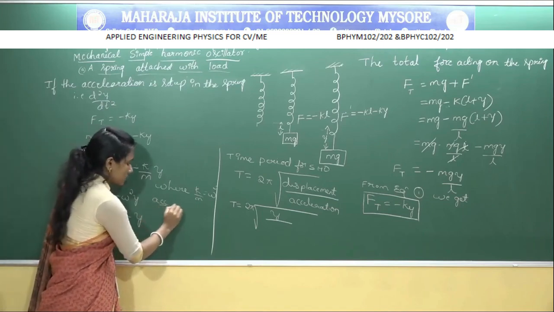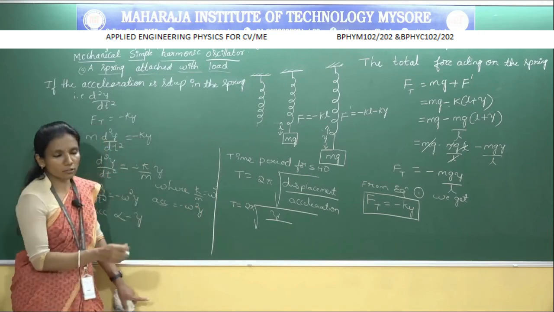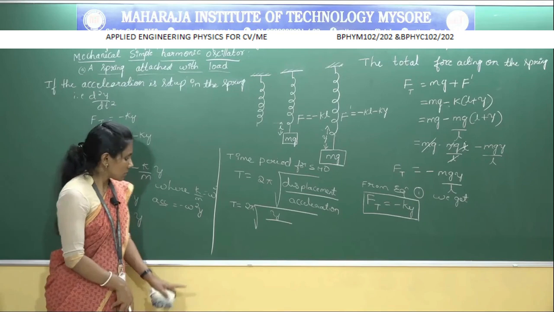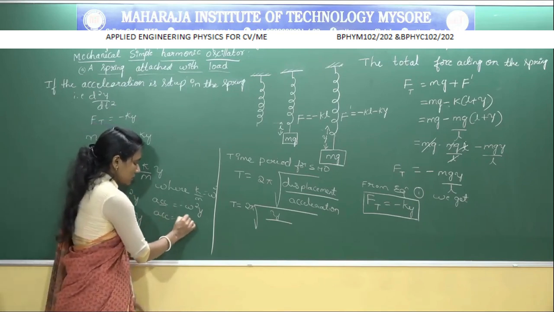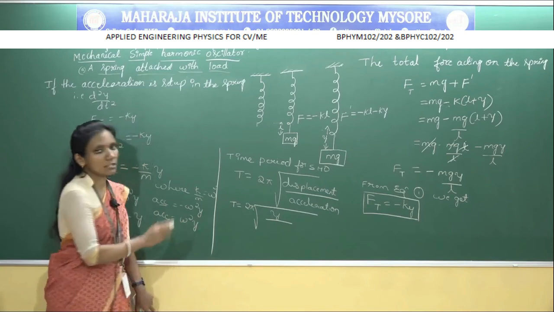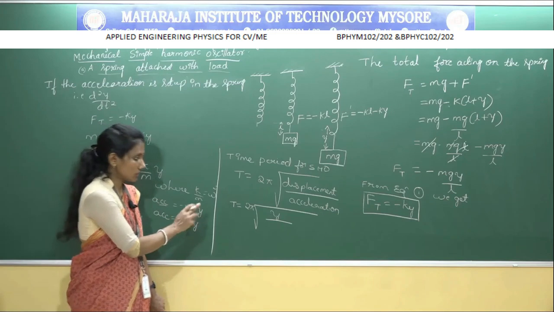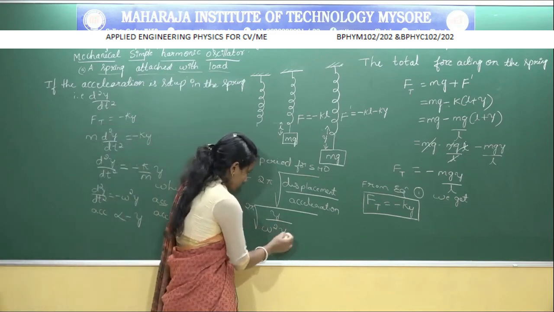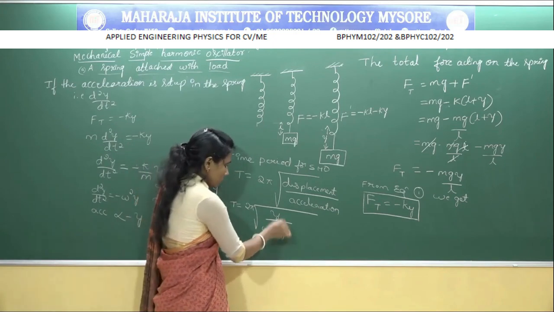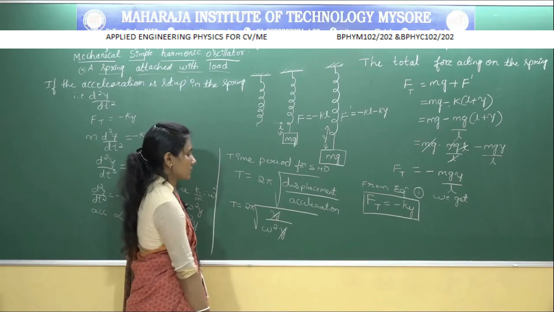The negative sign we can ignore here. Then the acceleration is omega square y. So we get omega square y, then y will get cancelled and we have 1 divided by omega square.